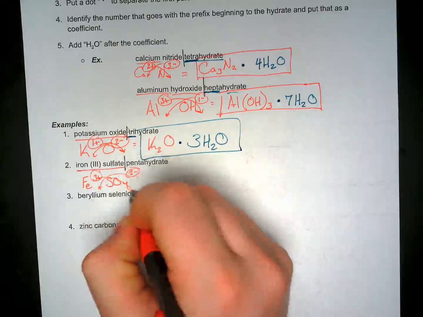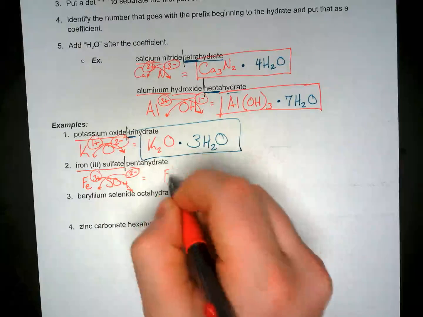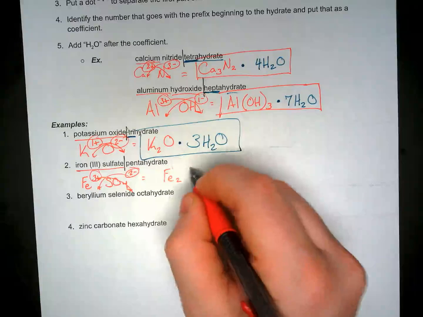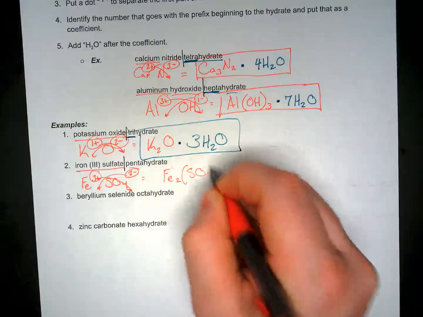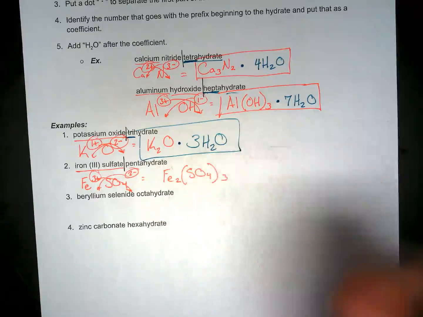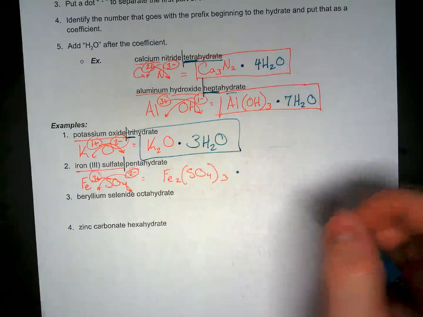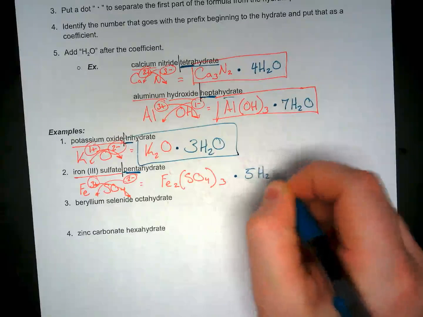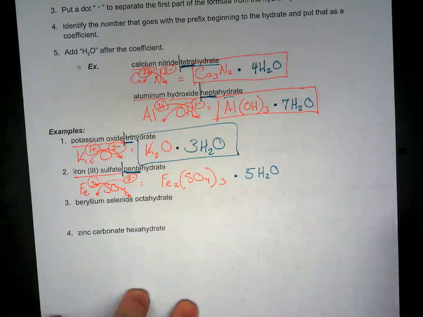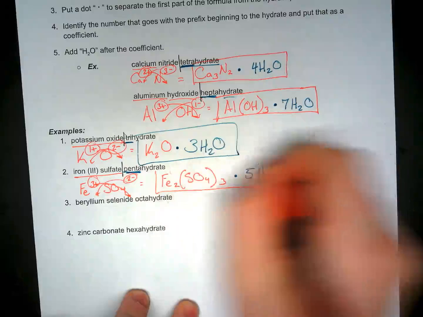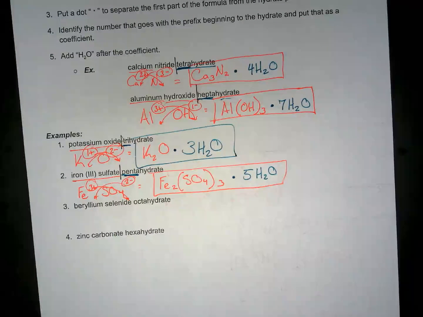So it's going to then crisscross, and then I'm left with Fe2(SO4)3. The dot to separate, pentahydrate. Penta is 5, hydrate means water. And I have my answer. Okay, it's that simple. So pause the video, try these out yourself, play it after you've got them to see if you got them right.